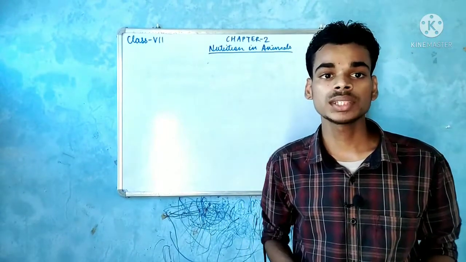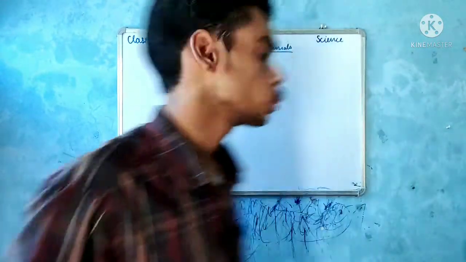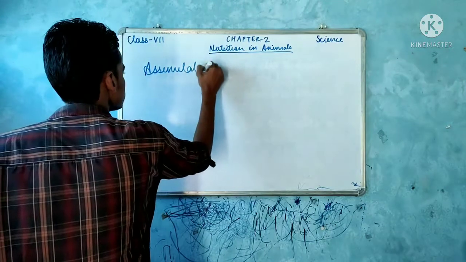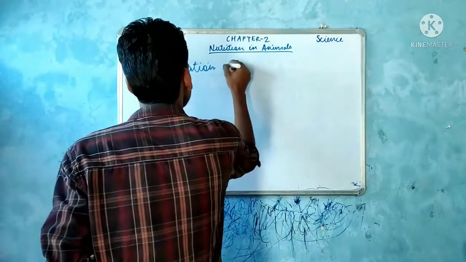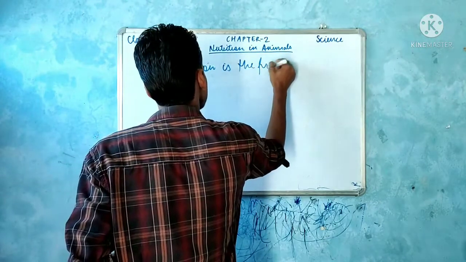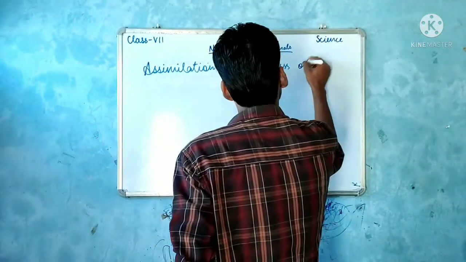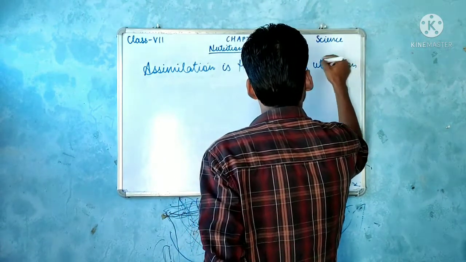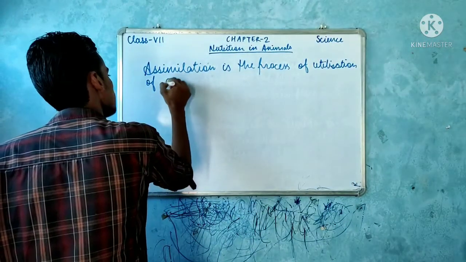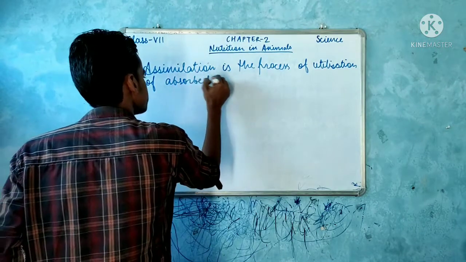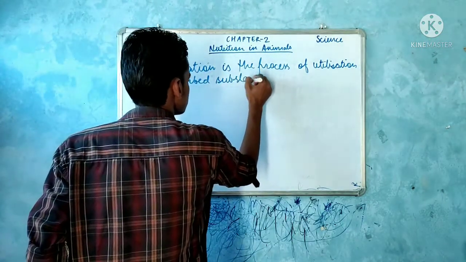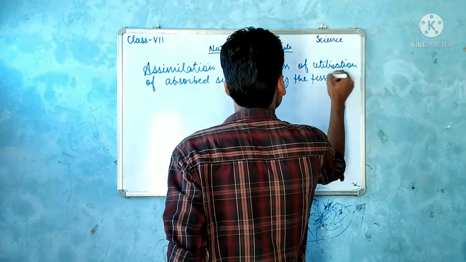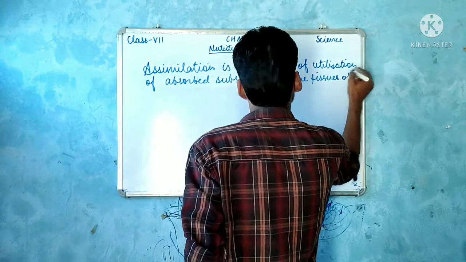After the process of absorption, assimilation of food takes place. So assimilation is the process of utilization of absorbed substances by the tissues or cells.